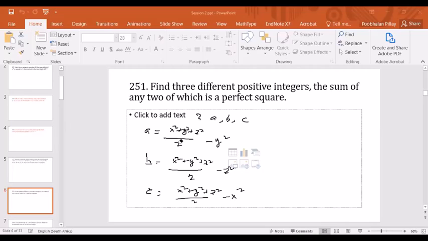In fact, if you choose x and y, right? I'm sorry, if you choose A and B, for instance, then you can calculate C. For instance, suppose I chose, I know that A plus B is a square, right?